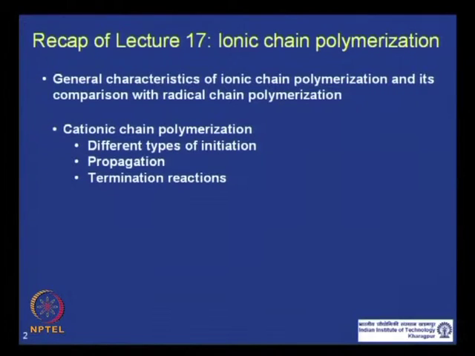Now, let us just quickly recap what we covered in the last lecture on ionic chain polymerization. We talked about the general features or characteristics of ionic chain polymerization and its comparison with radical polymerization. We talked about selectivity of the monomers, and the importance of solvent polarity in case of ionic polymerization. We talked about the nature of reactions, very fast reactions, and the inherent difference in the termination reactions between radical chain polymerization and ionic chain polymerization.